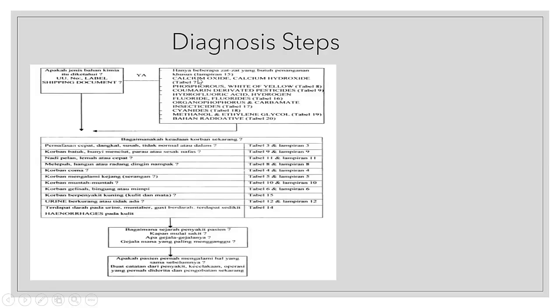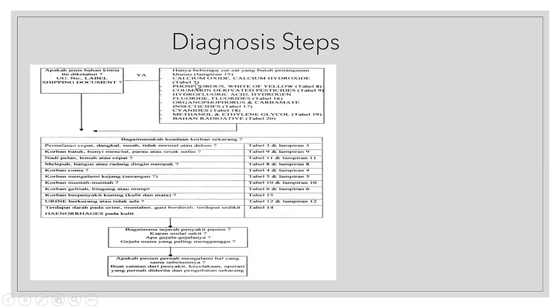In the step of diagnosis, whether the chemical is known. So see the label and go also to the shipping document for diagnosis. Only a few of the substances need special handling.